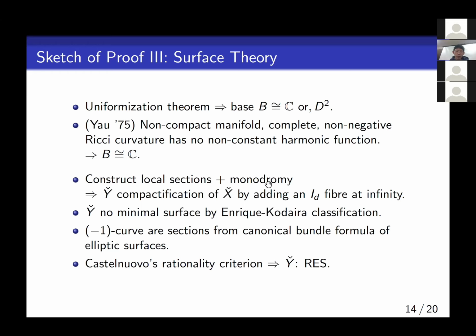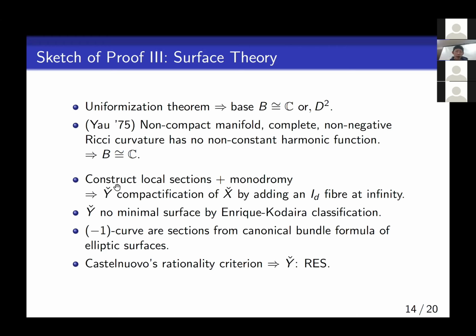We construct some local fibrations using monodromy. So you can map this neighborhood of infinity of C to M11 bar, and you pull back the universal family, because we can have control of monodromy that will give you a complexification of X check by adding an ID fiber at infinity.